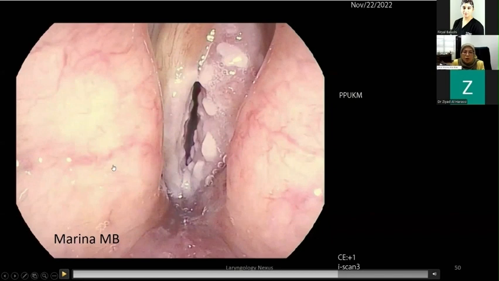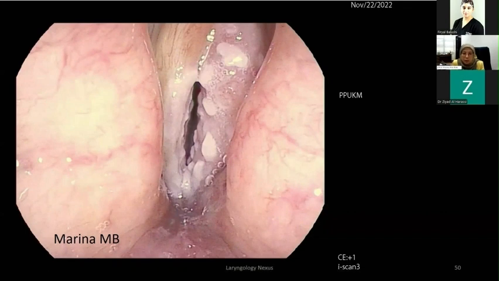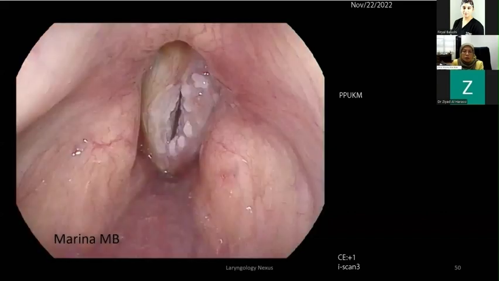In this case, you have to persuade the patient, tell them, look, I think this is a malignant tumor, you need a biopsy and you need treatment as soon as possible.